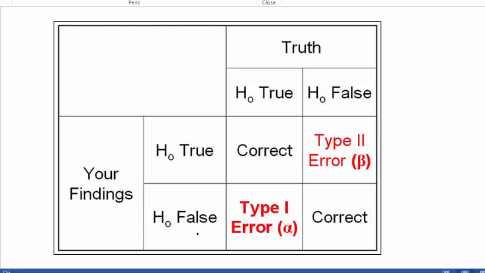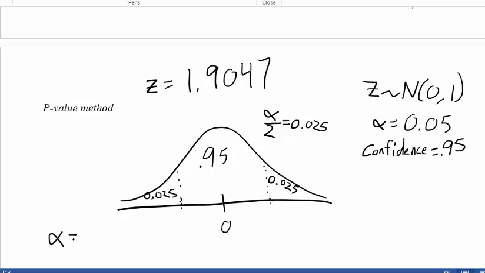So when I've rejected H0 when it's actually true, there I have made a type 1 error. And alpha is the probability of that occurring. So alpha, 5%, is our acceptable threshold for a type 1 error. We're okay if we make a type 1 error 5% of the time. Any more than that is not good.